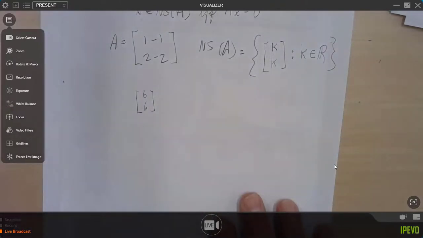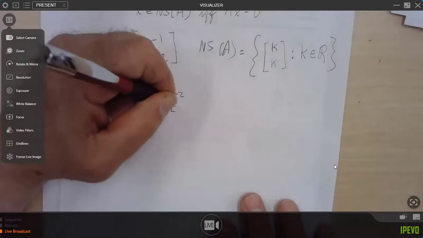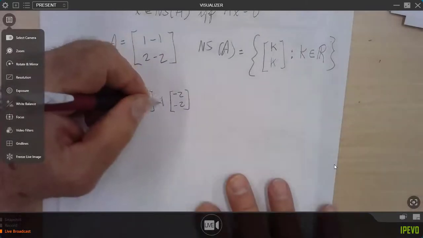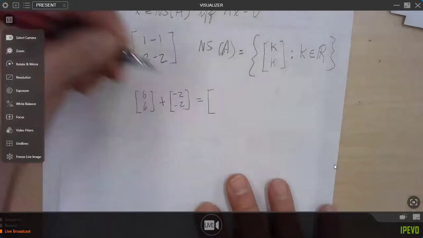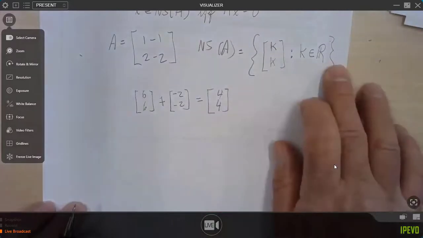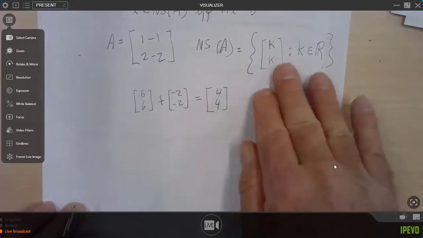That's in the null space. Now let's take another vector that's in the null space. How about this one? I'm choosing more or less at random. If you add these up, you'll get another vector that's in there, right? Take any two things in here, add them together, you land in here again.